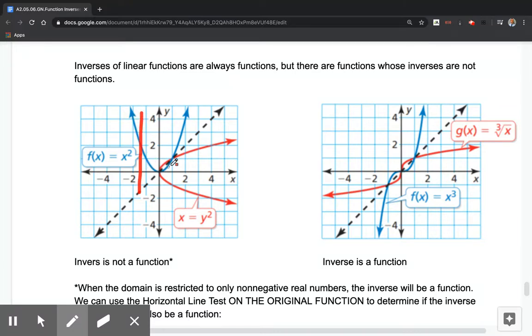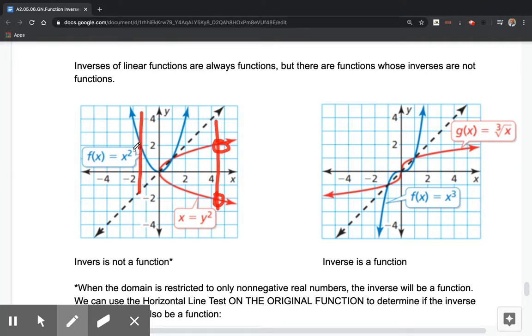So we know that a parabola is a function. However, right here, this one is not a function because we have 2 points where our vertical line crosses the same graph, so that one's not a function.